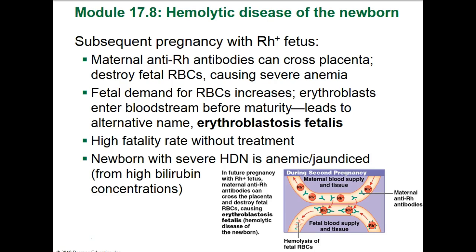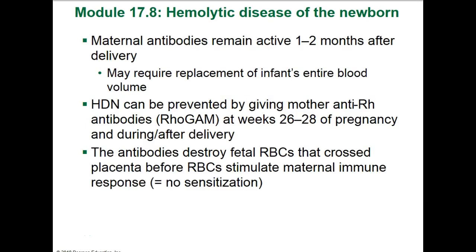And we have a high fatality rate if it's not treated. If we have a newborn with severe HDN, it's anemic and jaundiced because of the high bilirubin. The maternal antibodies can remain active for 1 to 2 months after delivery, and so we may require replacement of the infant's entire blood volume, believe it or not.